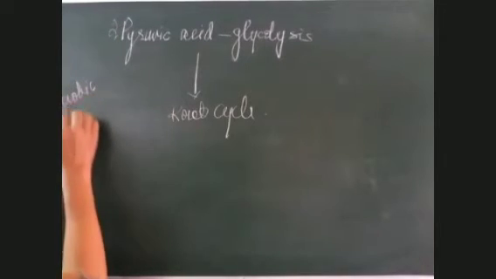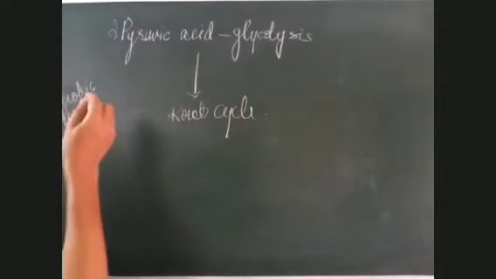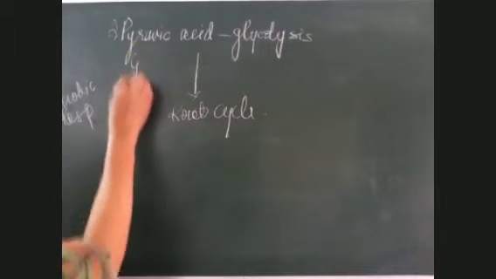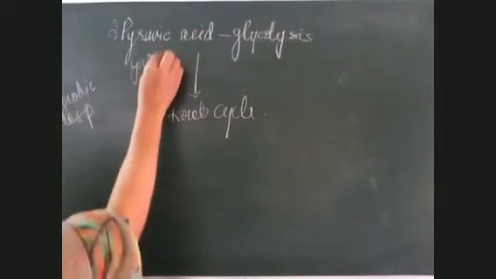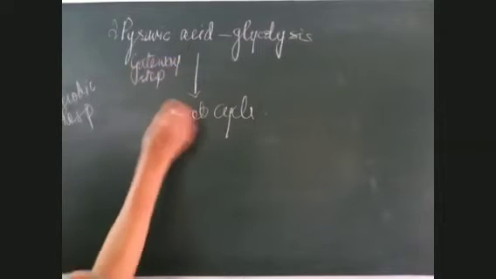Now, before they enter the Krebs cycle, these pyruvic acid molecules, which are two in number, undergo a process which is known as oxidative decarboxylation or the gateway step. Gateway step to the Krebs cycle.